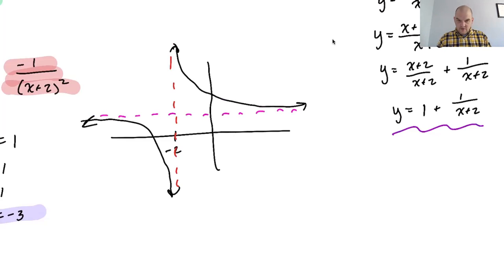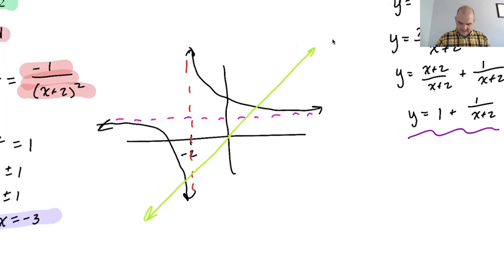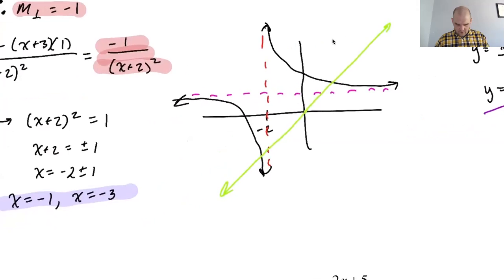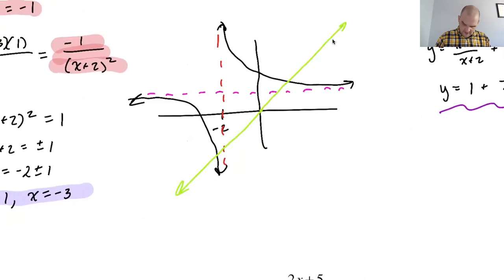And then y=x is like this. Okay, and what I have found is that at x equals -1 and -3. So -1 is maybe like here, and if I put a tangent line, that feels like it could be right.